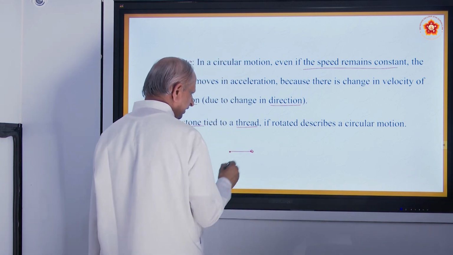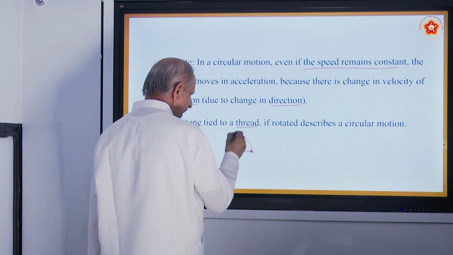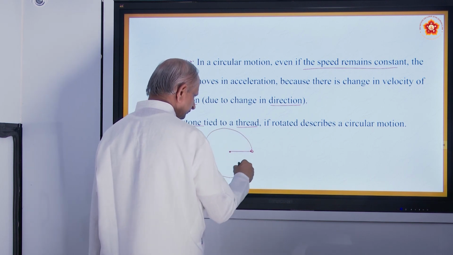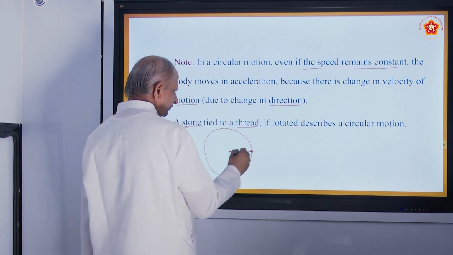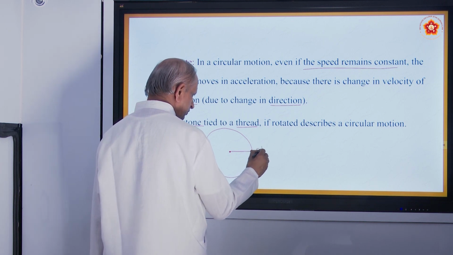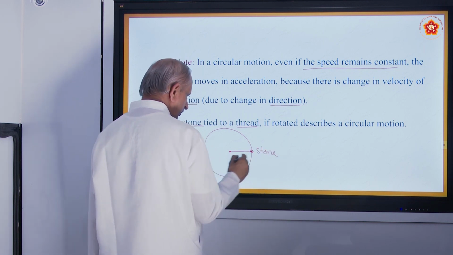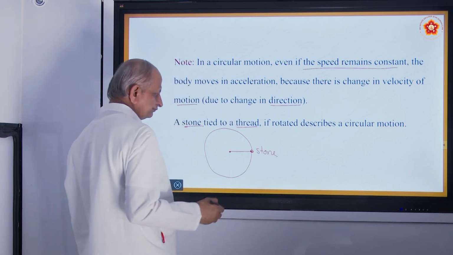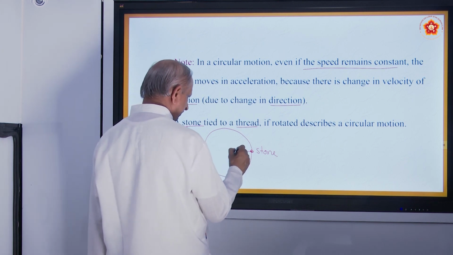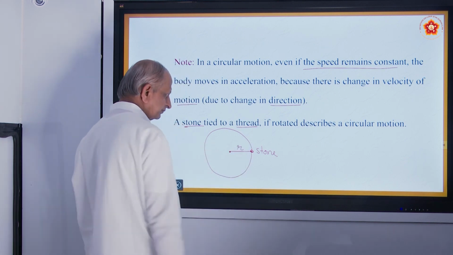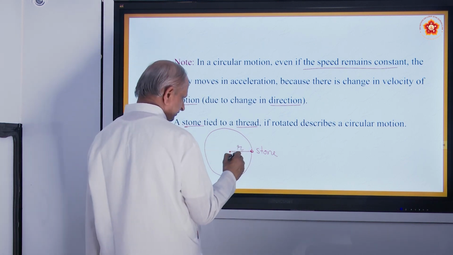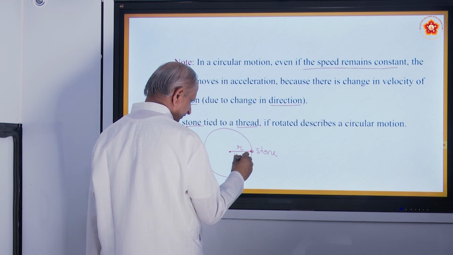Suppose this is a thread. So this is a stone and this is your finger, the person who is catching. This is a radius, nothing but the length of the thread.